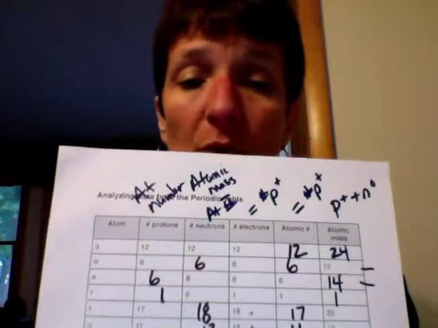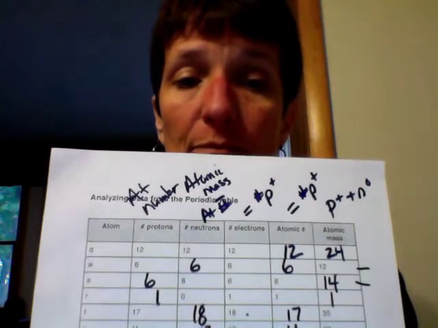So we know that the number of protons is 12. So therefore the atomic number must be 12. The atomic mass, remember we said, was your neutrons plus your protons. So I have 12 protons and 12 neutrons. So I have an atomic mass of 24. So in my top row there, the two numbers that I filled in are 12 and 24.